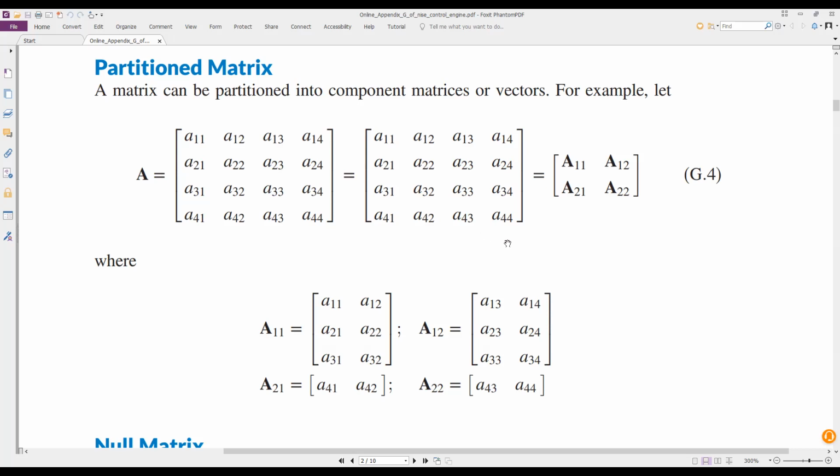So we can partition the matrix like this. These are the row vectors, and these are the rectangular matrices.